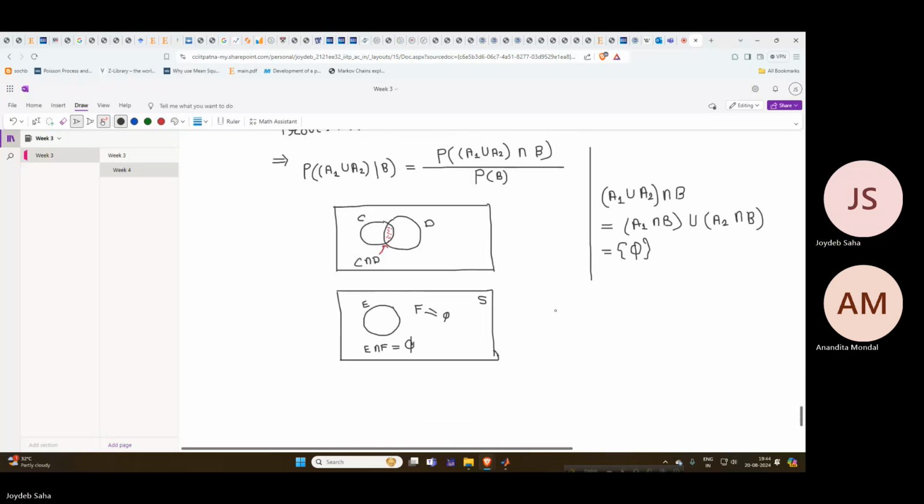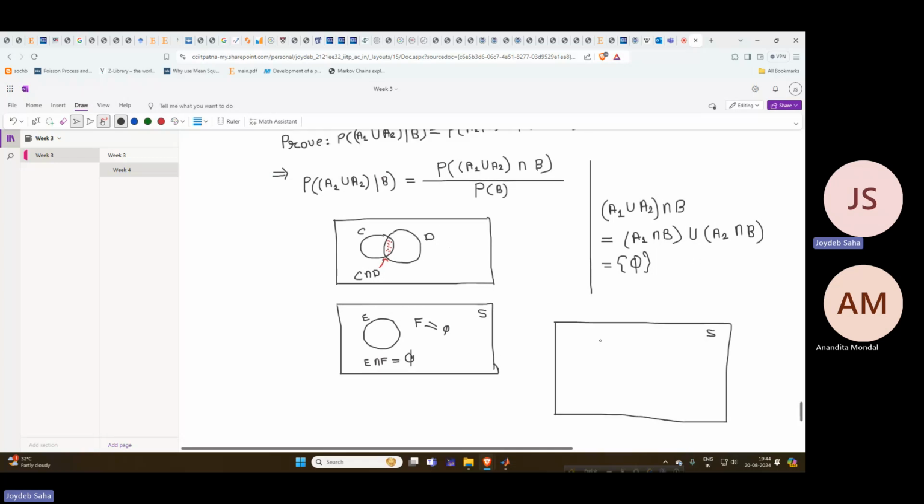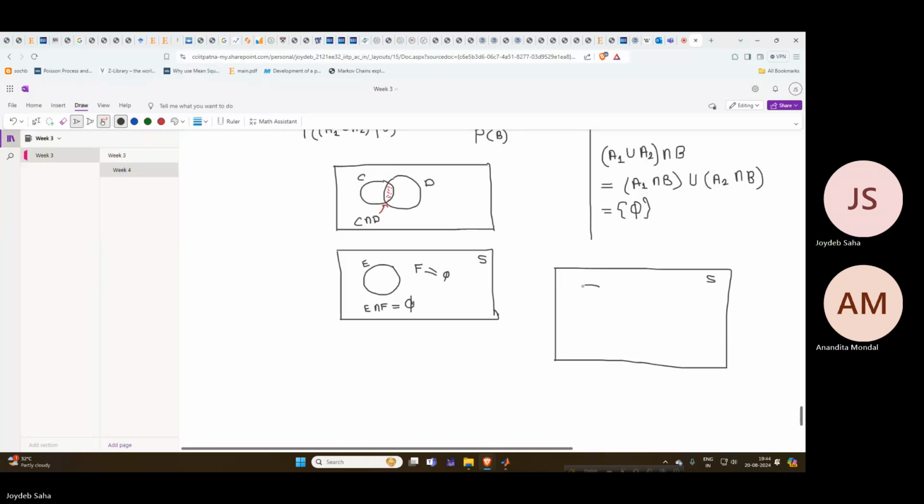Now take a set, this is the sample space. A1 and A2 have no common area. This is A1, this is A2, there is no common area. Now there is another event which is B.